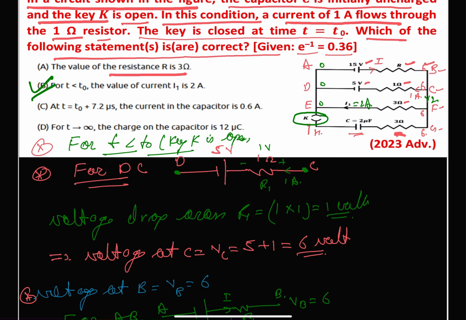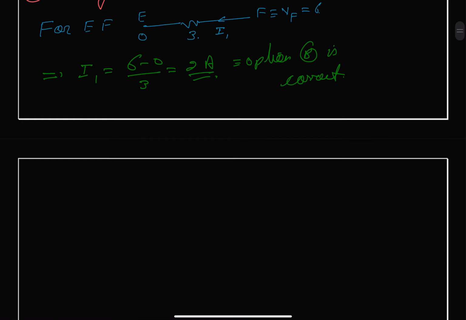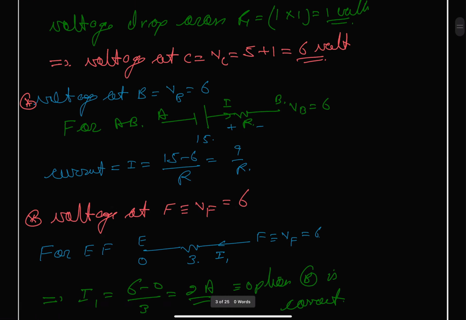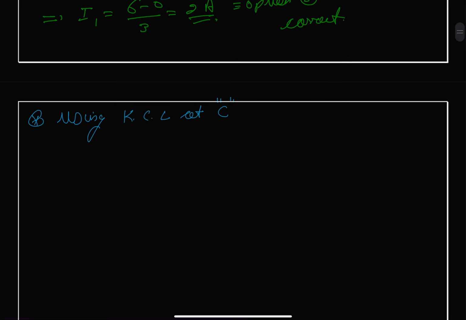So if we use KCL, Kirchhoff's current law at junction C, we can say our I will be equal to 1 ampere plus 2 ampere. Let me draw it here. So this is our C junction.